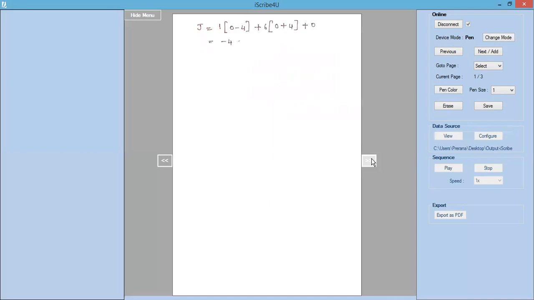So we have minus 4 plus 6 into 4 is 24. So the required Jacobian at the given point is 20.